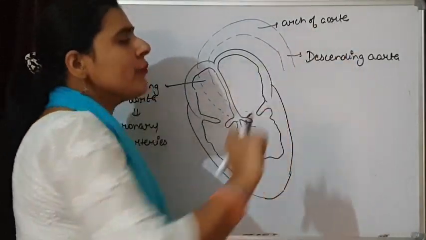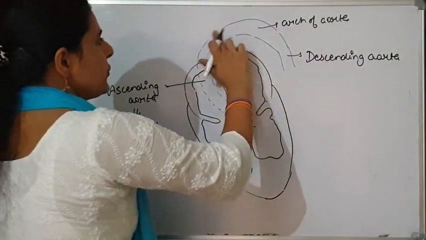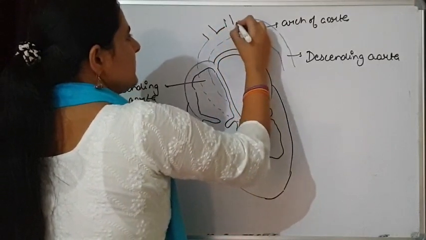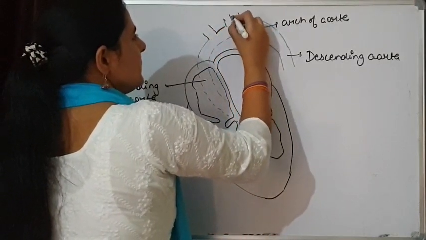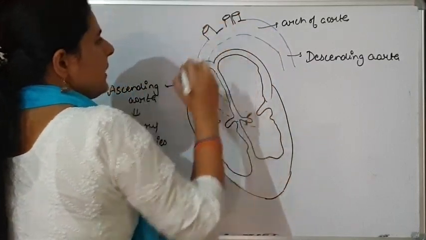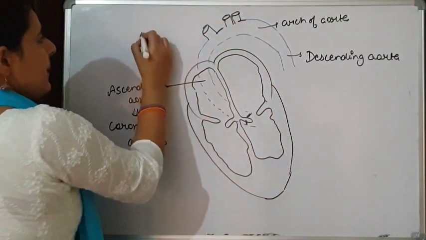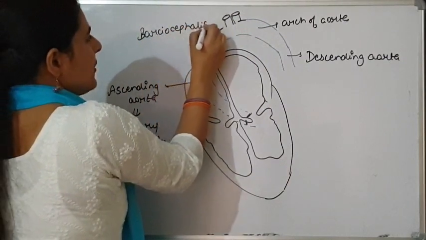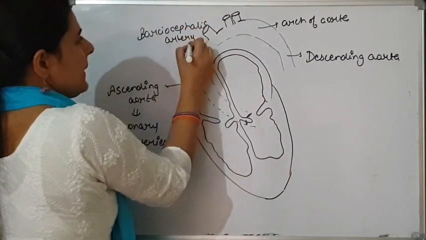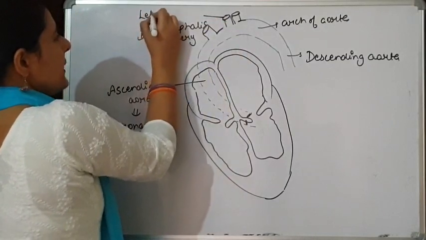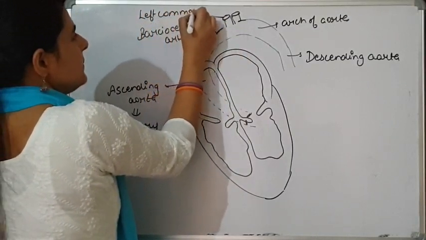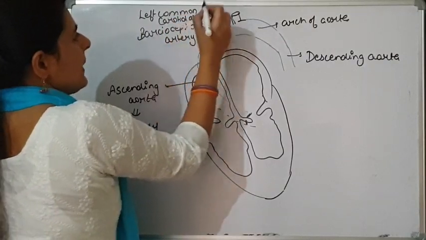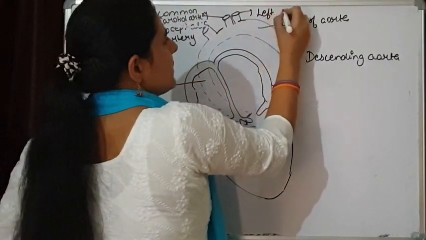The arc of aorta is bifurcating into three parts. This is the brachiocephalic artery, left common carotid artery, and left subclavian artery.